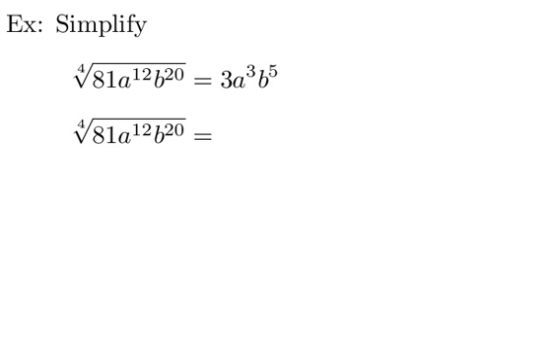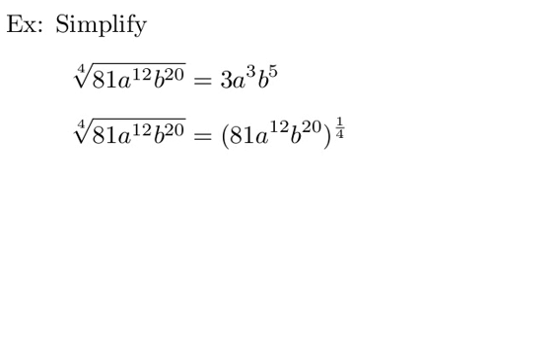So this is equal to 81 times a to the power of 12 times b to the power of 20, all to the power of 1/4. Now this 1/4 is going to distribute to the 81, to the a to the 12, and to the b to the 20.